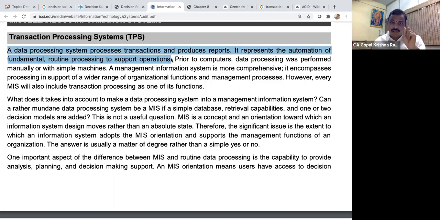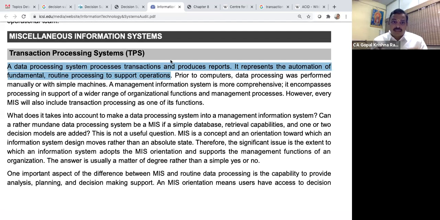So what do you have to write for the first mark? Transaction processing systems are data processing systems, and it is automation of fundamental repeat processing, routine processing, to support which level of management? Operation level of management. So this is number 1. What is TPS? Second, where TPS is used? Railway reservation system. Number 2, banking.